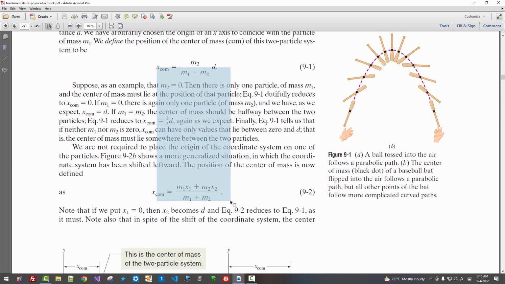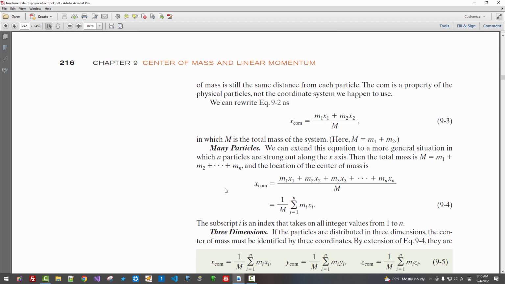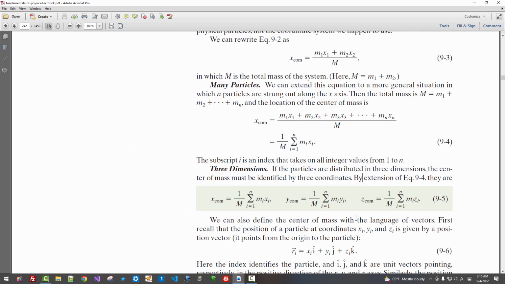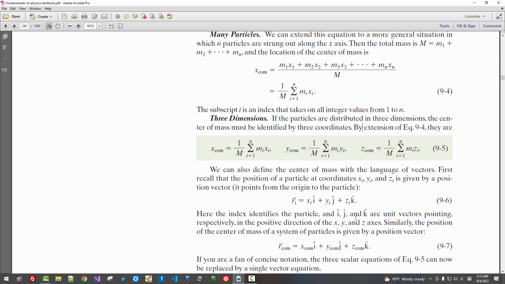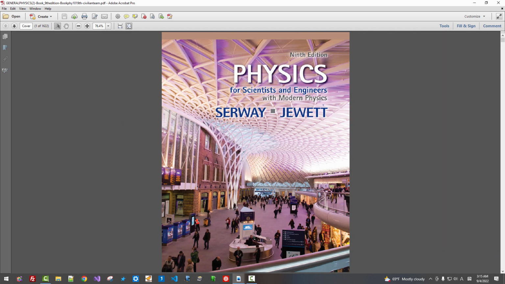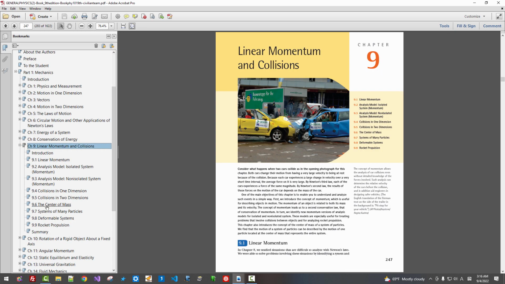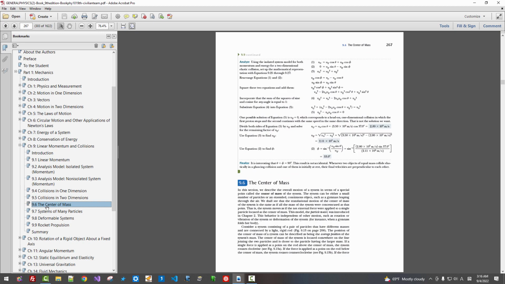Like this. I read this part several times and I believed I think I understand, but that's not quite true. So I also referred to this book, Part 1, Chapter 9, Section 6, the center of mass.